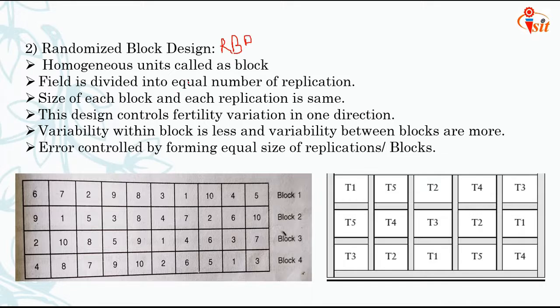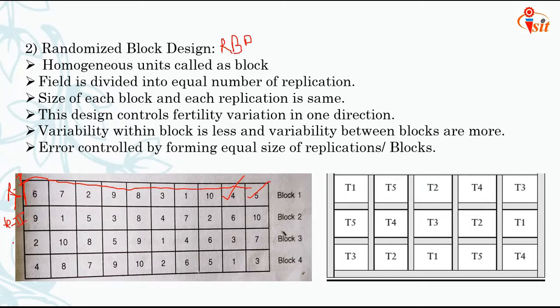A homogeneous unit is called a block here. Whatever homogeneous units are made here are called blocks. The field is divided into an equal number of replications. The replications are indicated by Roman numerals: R1, then R2.